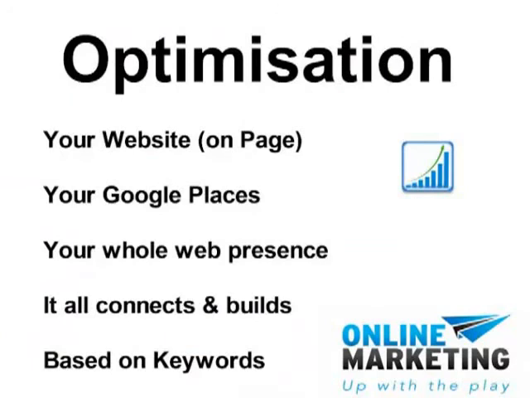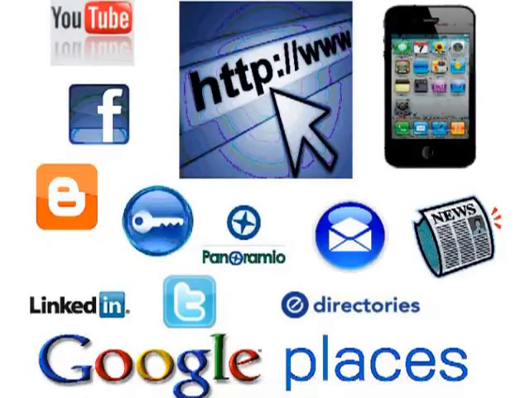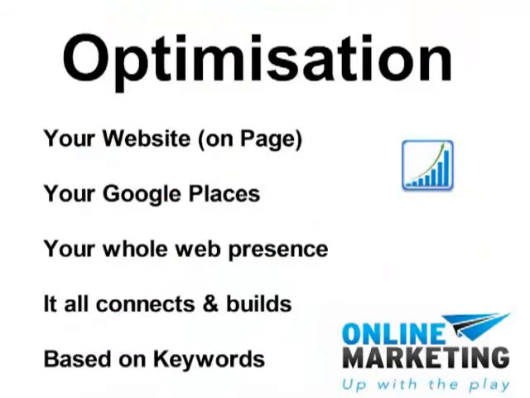With that information, we can optimize your website, your Google Places listing, your whole web presence, including the videos you put up on YouTube and other video sites around the internet, your social networking, Facebook, Twitter, etc., photos, images, news, and on devices including mobile phones, iPads, laptops, and desktop computers. It all connects and builds, and it's all based on the choices of keywords that are most relevant for your business, for your products and services.